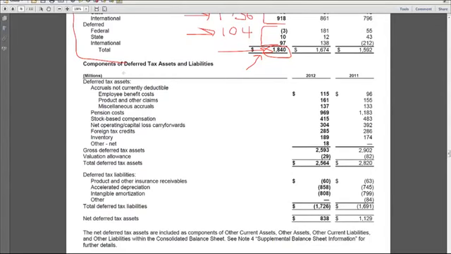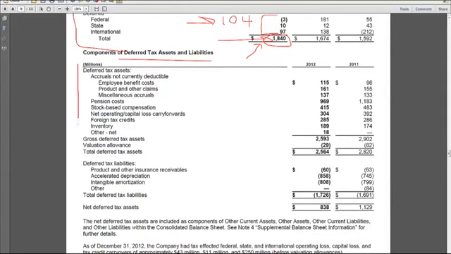Below that, we get the components of deferred tax assets and liabilities. So here we get to see all of the deferred tax assets, all the deferred tax liabilities, and the valuation allowance. So deferred tax assets, we see things like pensions and employee benefits, stock-based compensation. Here's net operating loss carry forwards, which we talked about earlier in the week. Inventory. Now, this is not LIFO versus FIFO, because if you use LIFO for taxes, you have to use it for books.